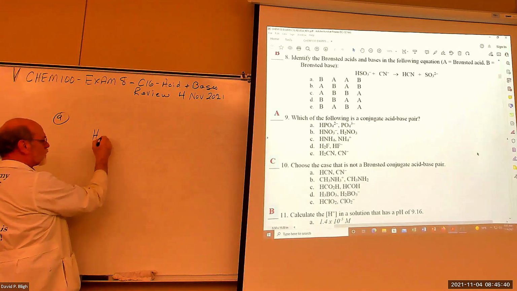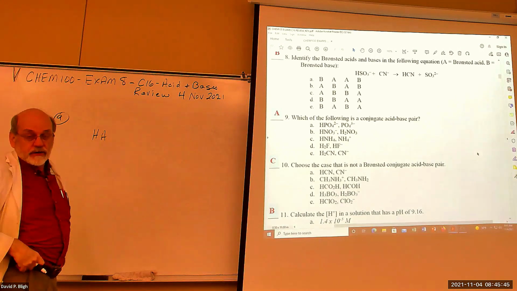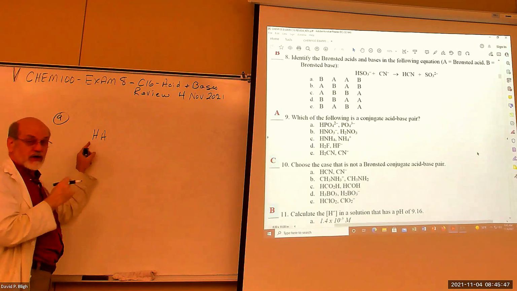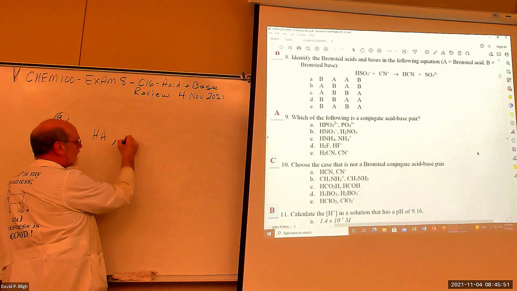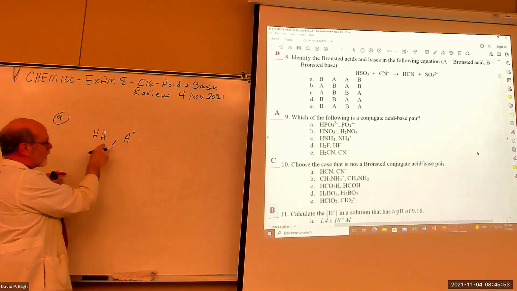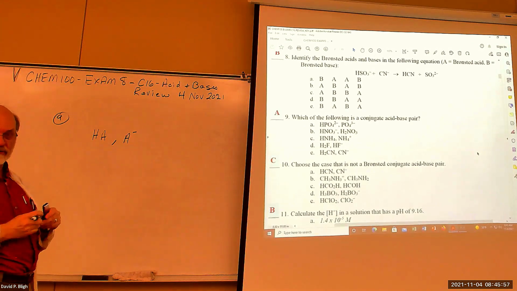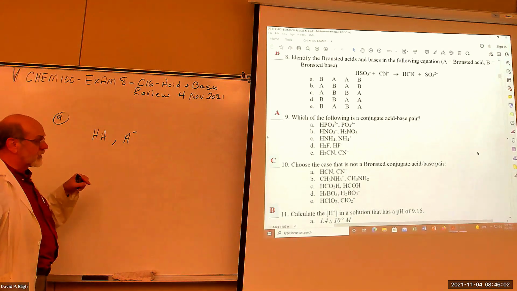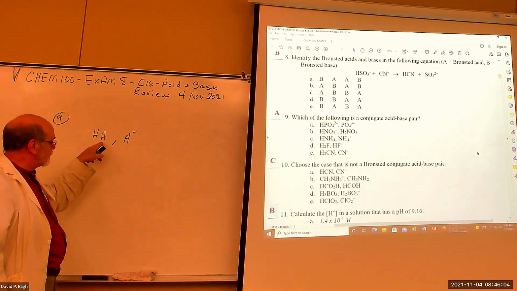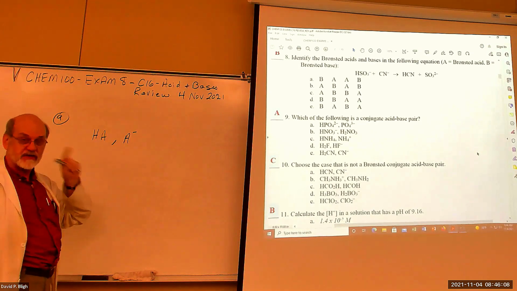You need something with one proton. It can be an ion too, as long as it has the one proton to donate. That's your acid. And then the conjugate base is what's left over after that acid is gone. Okay, that's what we're after, conjugate acid-base pair. So you need 2 things. You need to have this part of the molecule the same on both sides. The A has to be the same.